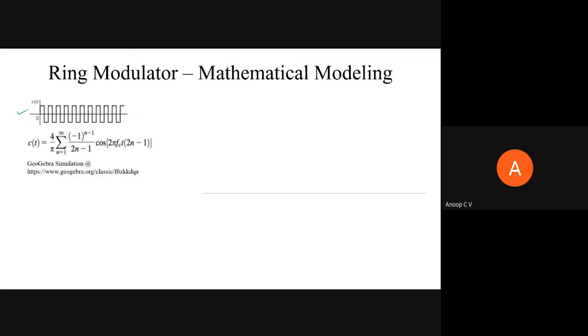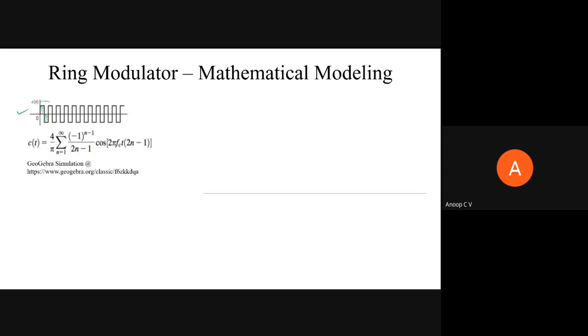Now can you see the difference? This is a square wave. It has positive as well as negative amplitude. If you take the average over one cycle, what will happen? There are equal positive and negative areas.